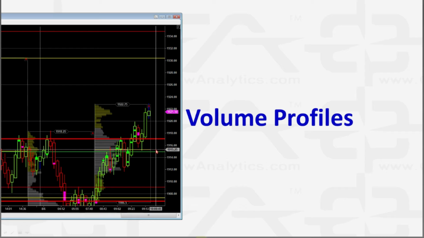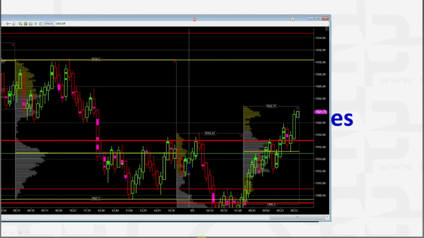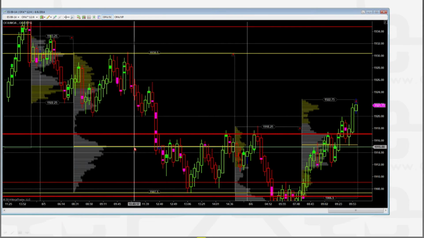I would also use previous days. So we're looking at volume profiles. I would look at previous days' high volume areas, specifically VPOCs, as an opportunity for trade. You can see the first one here, 1525, came all the way back to 1150. So that was a good trade.